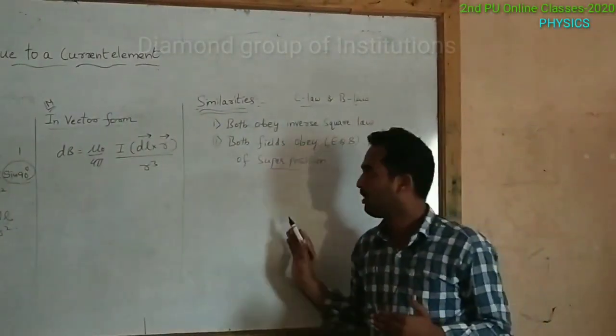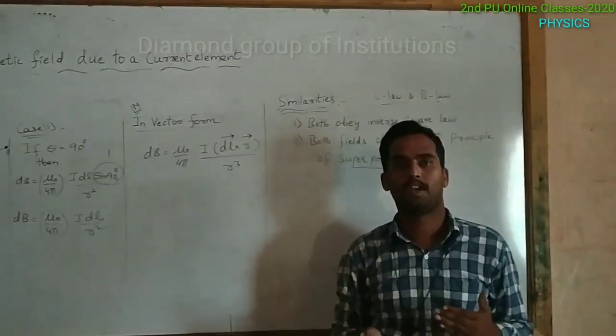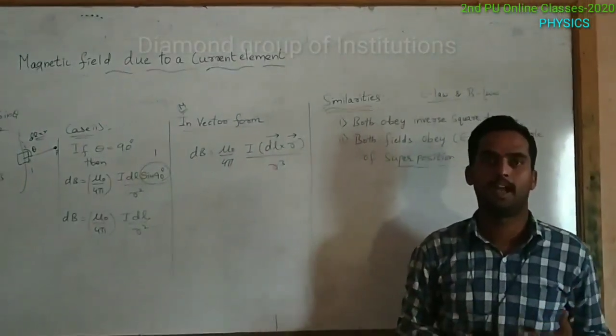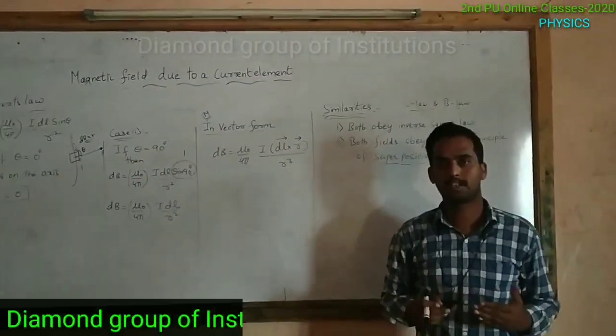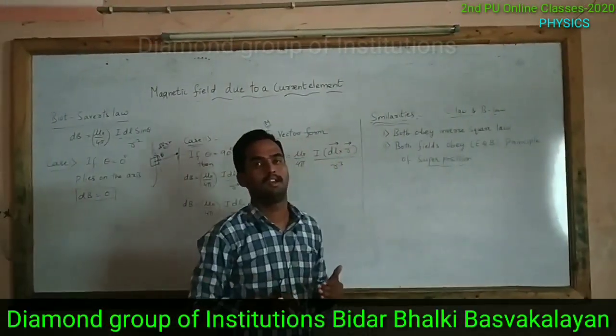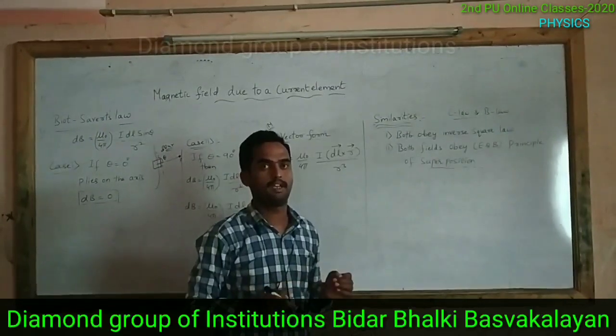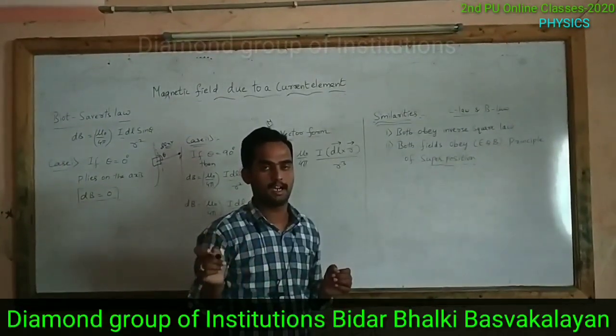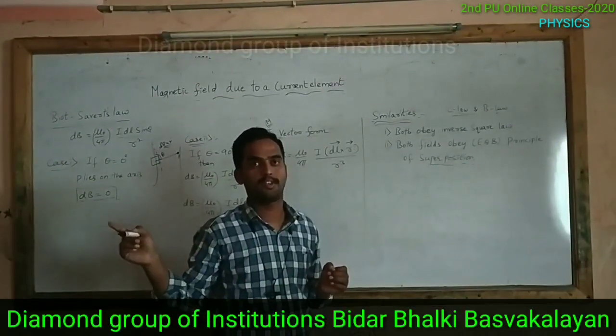So on that, today we are completing this session, and tomorrow we are going to discuss the main important derivation called magnetic field due to a current carrying conductor on the axis of a circular coil.